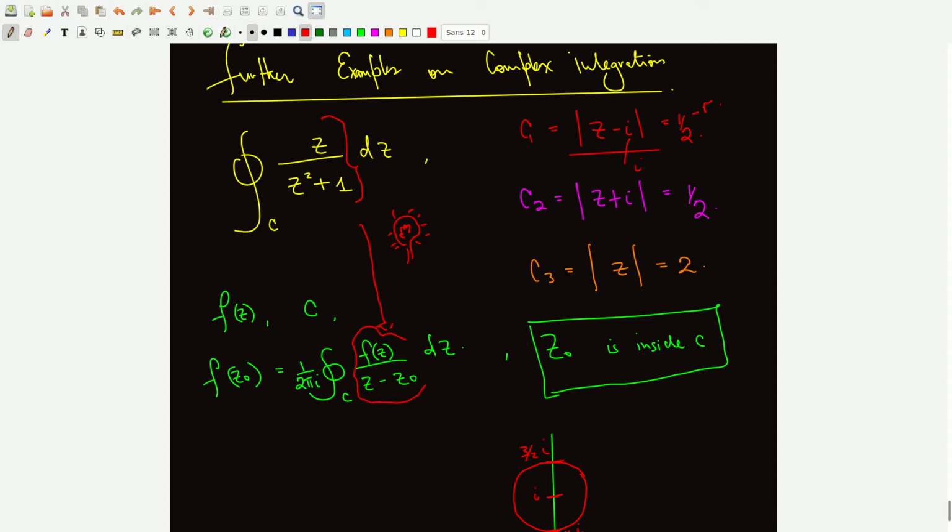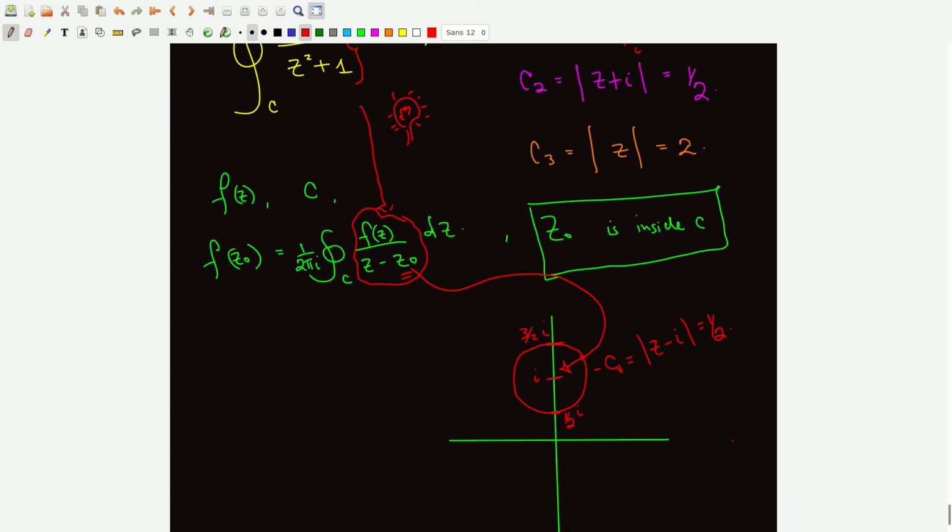Okay, have a singular point z naught, such that in the denominator we have this form z minus z naught, where z naught is inside C. In this case our C, which is C1, is represented by a circle of radius 1/2 centered at i.